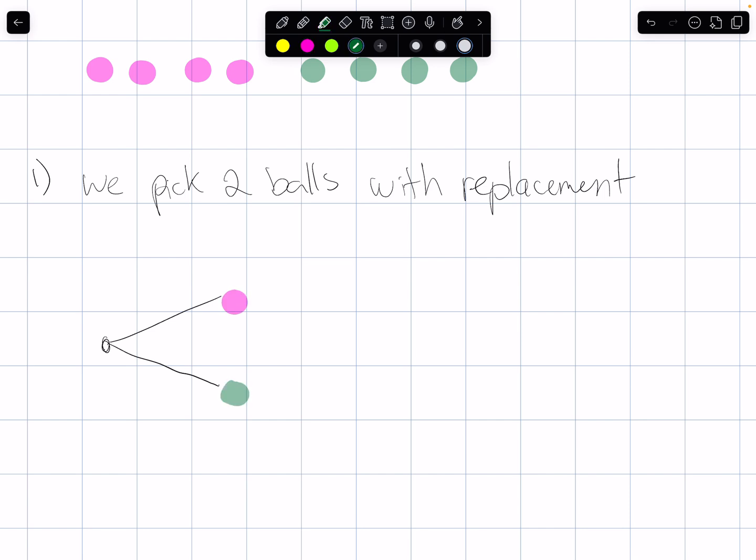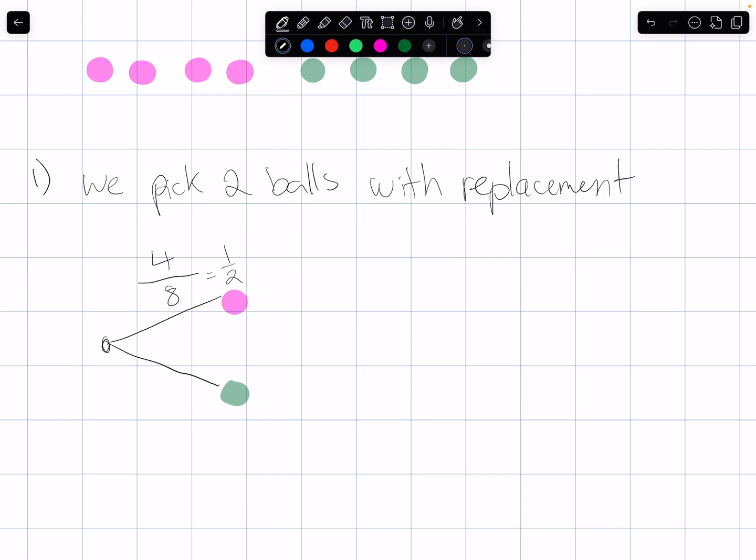Now, if I have four of each, what is the chance that I pick a pink ball? Our probability is the number of desired events over the total number of events. So we have four pink balls, the desired one, over the total number, which is 8. 4 over 8 simplifies to 1 over 2.